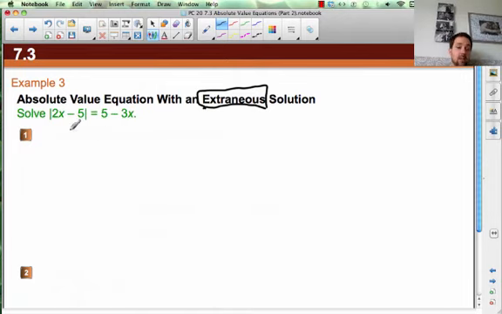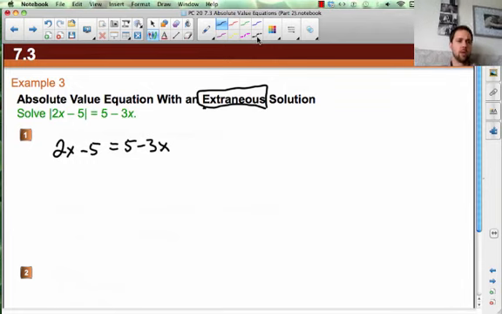Now again, we have to consider the two cases where 2x is greater than 5, so inside here is positive, and we would use the positive version of this thing. Or the other possible case where 2x is smaller than 5, so when we subtract 5 we get a negative in there, in which case we have to use the negative version of the absolute value.